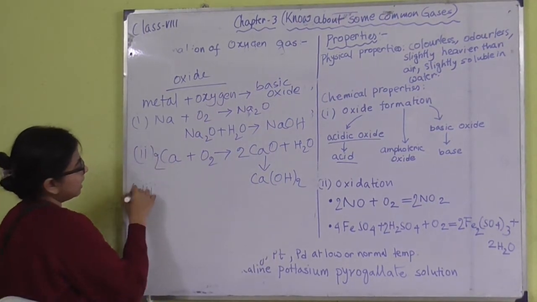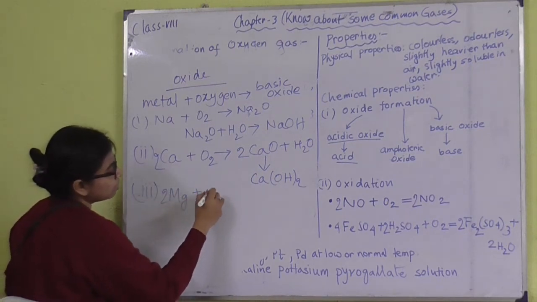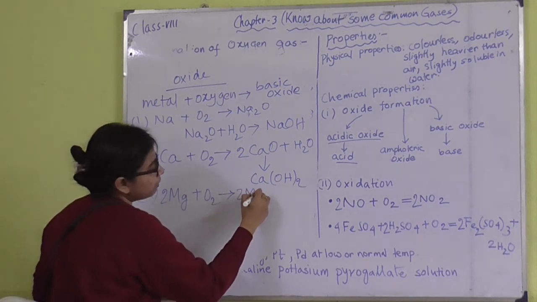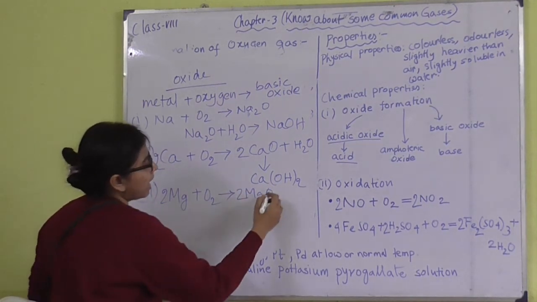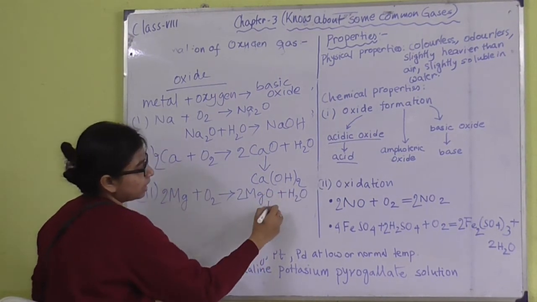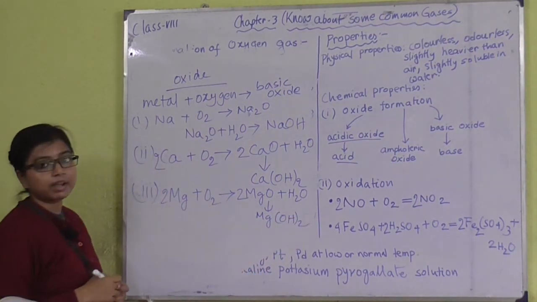Third example we can consider, if we take magnesium, magnesium will react with oxygen to give you magnesium oxide, as well as if you add water to this, it will give Mg(OH)2, that is magnesium hydroxide.